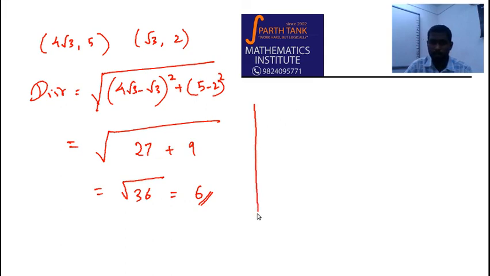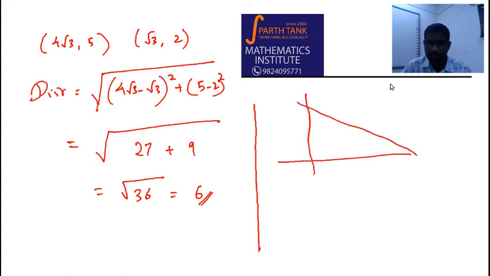What is the other quick way of doing this? See, if you recognize that there is a line like this, there is this point, P was here, Q is here, now this angle is 30 degrees. Now, if I drop a perpendicular to this and I find this distance, then how can you calculate this distance?